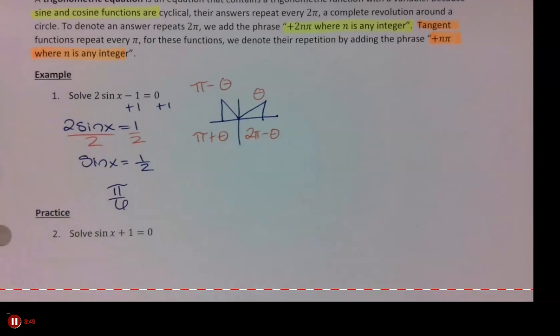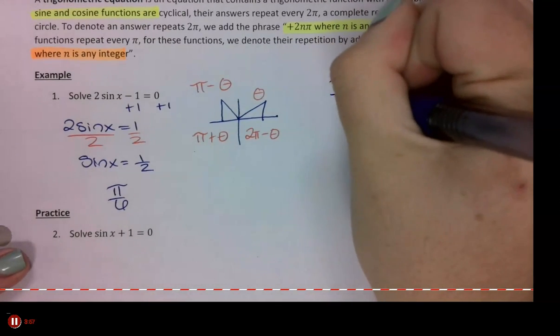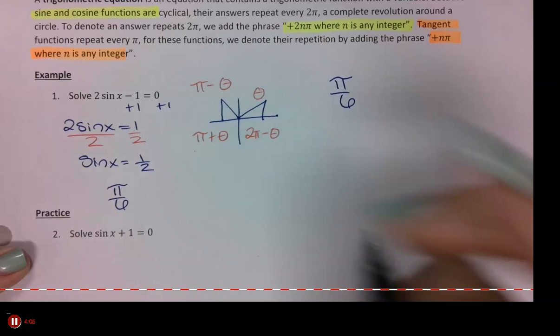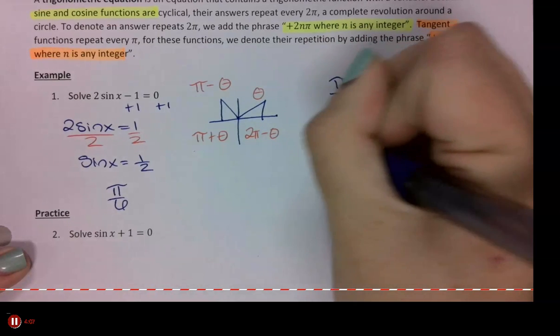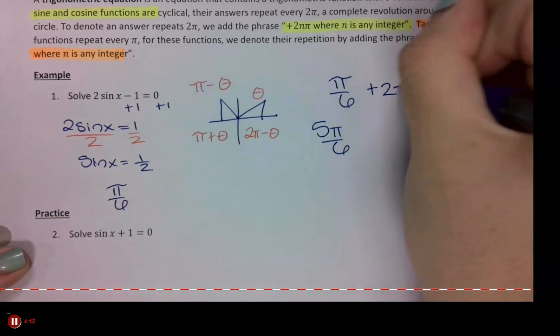So what is my second angle? If I'm in the second quadrant, pi minus pi over 6 gets me there. And then since I don't have a domain restriction, I'm going to write plus 2 pi n.